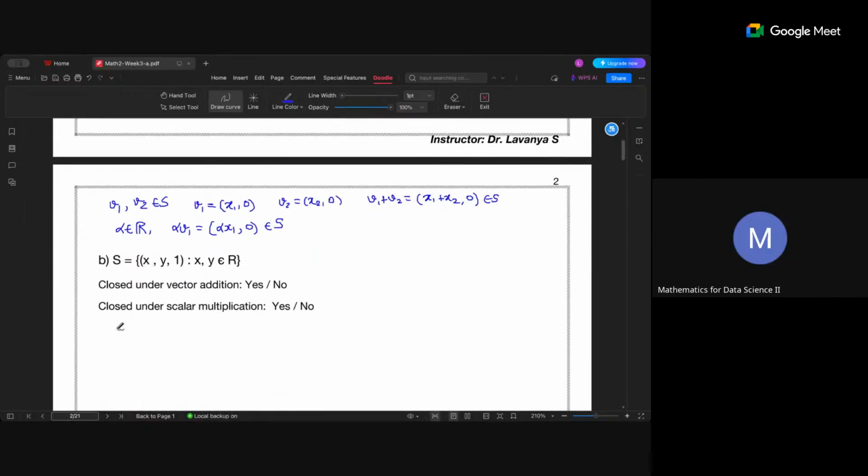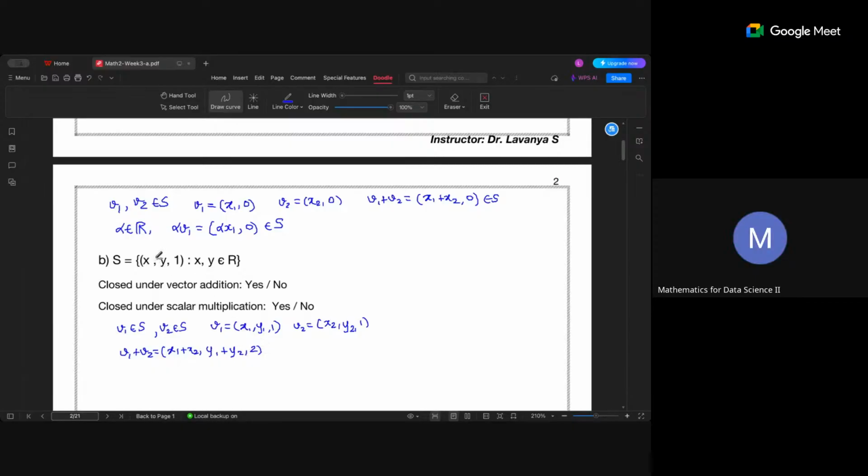So again, we will take two random vectors from this set, V1 in S and V2 in S. So V1 is some x1, y1, 1 and V2 is x2, y2, 1, right? So now what is V1 plus V2? It's x1 plus x2, y1 plus y2, 2.